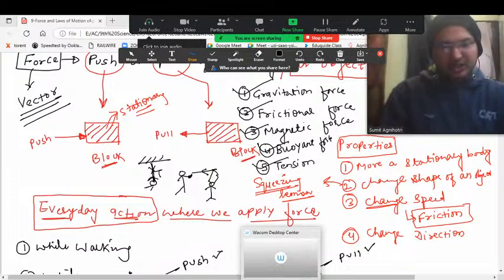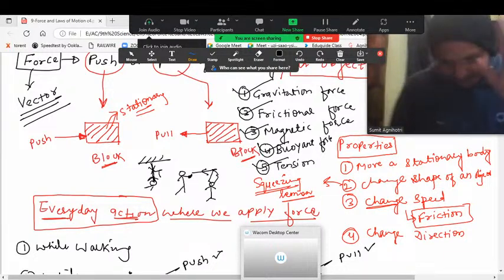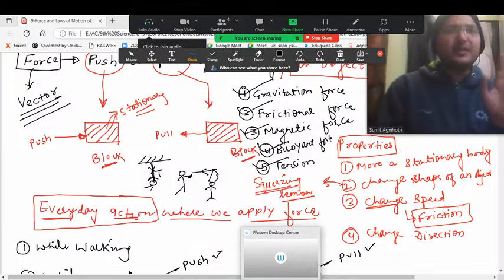A touch or contact is required to do most of our everyday activities. Examples: lifting, pulling, kicking, pushing, they are all actually contact forces. When you pull something, lift something, kick something, push something. Sorry, I'm very sorry. All these are examples of pushing, kicking, pulling and lifting.